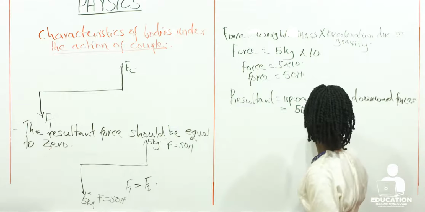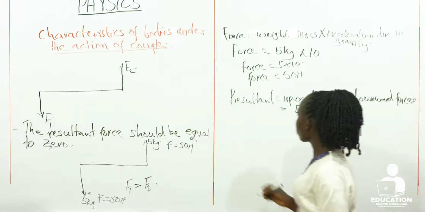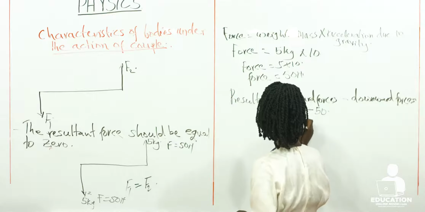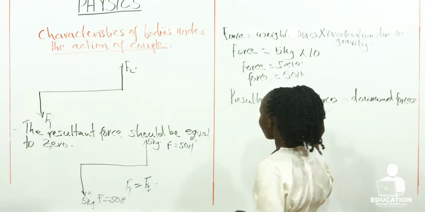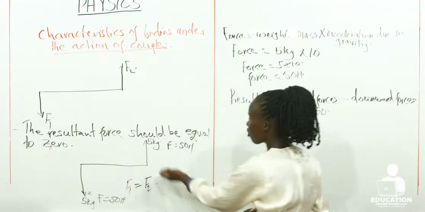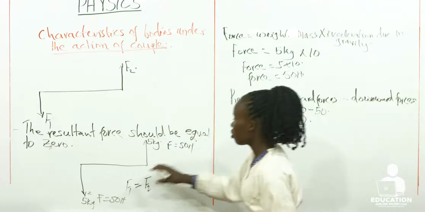We have it as 50. So what would be our resultant there? Our force is going to be here. This one is going to be 0. You see? That means that the resultant of the forces acting on this is equivalent to 0.